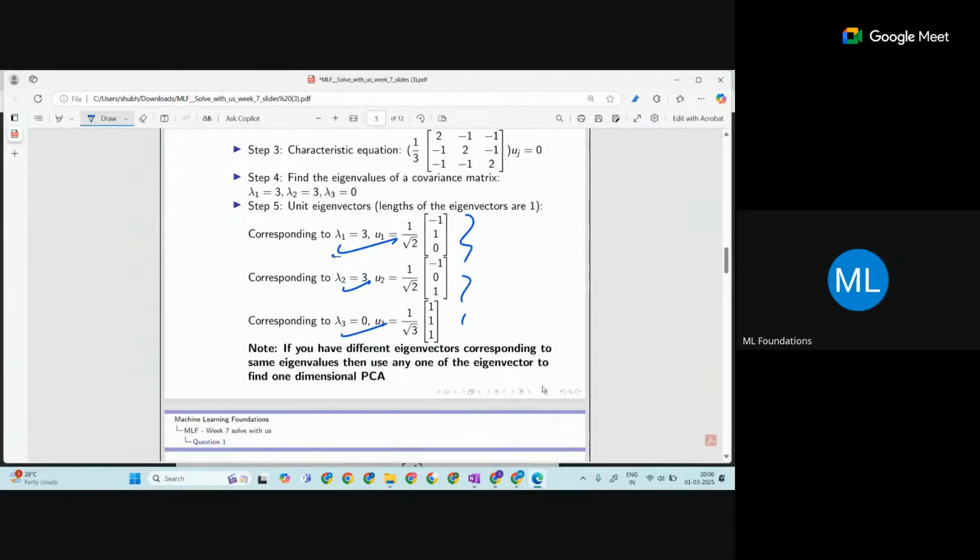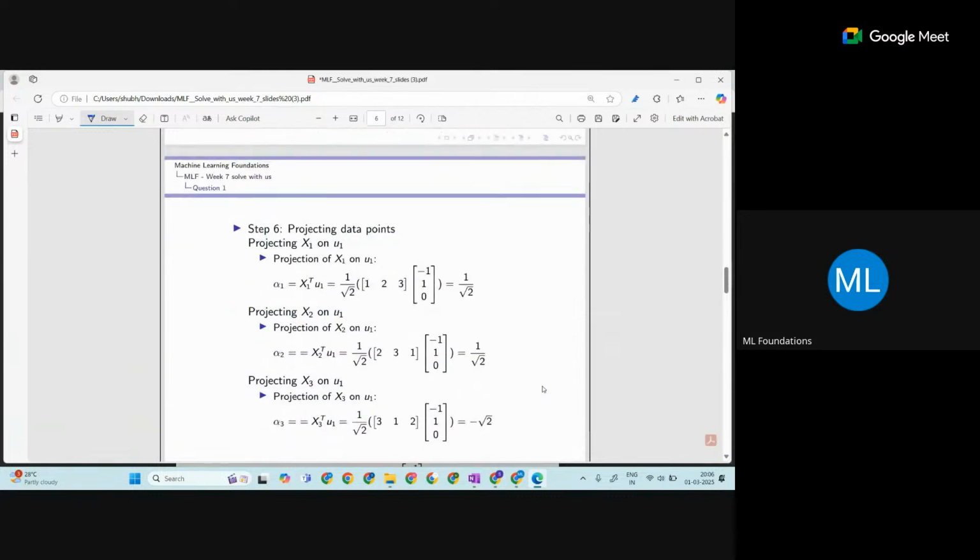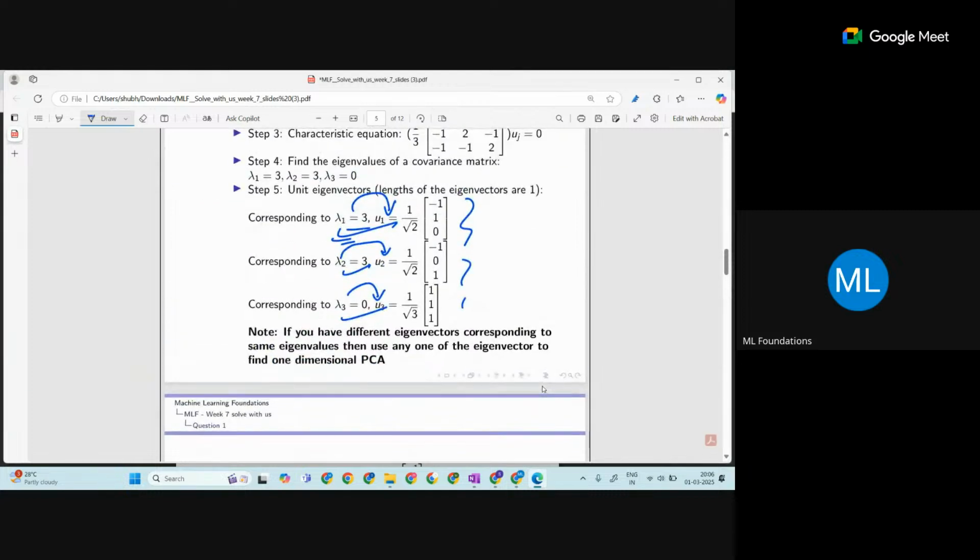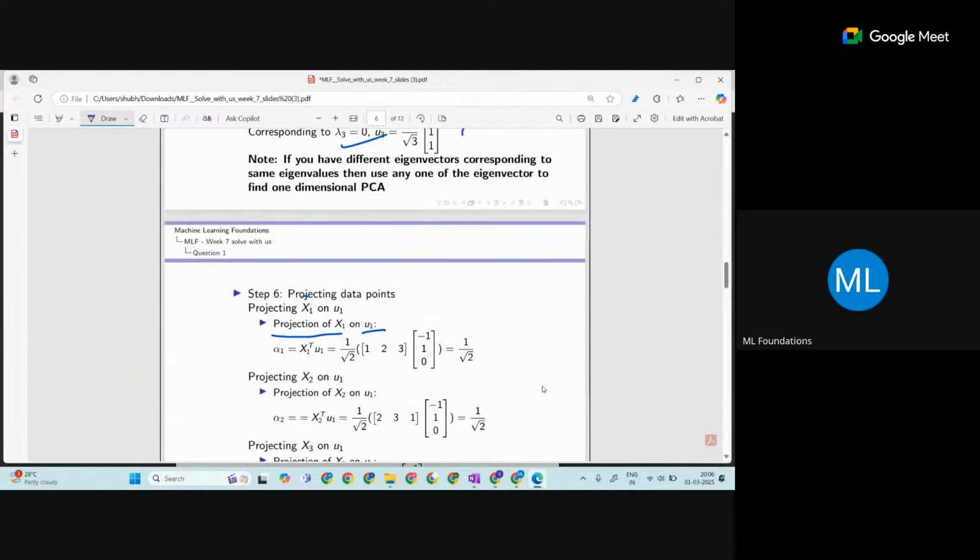How did we compute this? This is just the eigenvector for lambda 3. Once you get the eigenvector, what you will do is the projection of x1 on u1. u1 is your eigenvector, x1 is your original data.